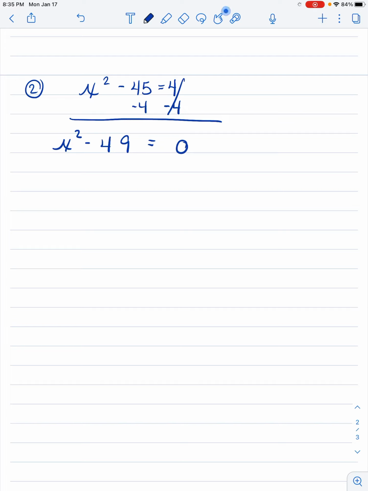This is not a trinomial, this is a binomial, but it's a specific kind of binomial. It's what we call the difference of squares, because x squared is a square, it's x times x, and 49 is 7 times 7, and this subtraction is the difference in our difference of squares.